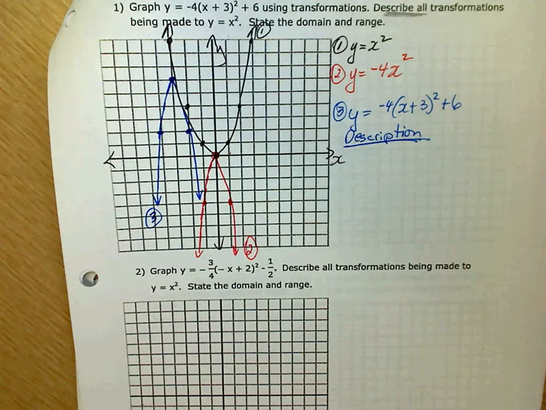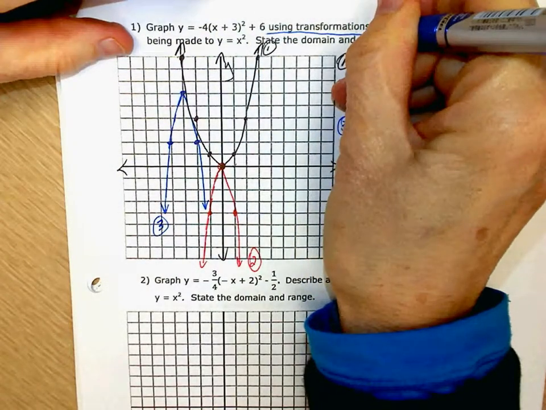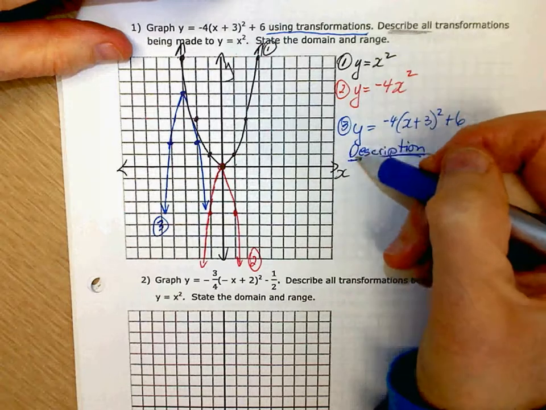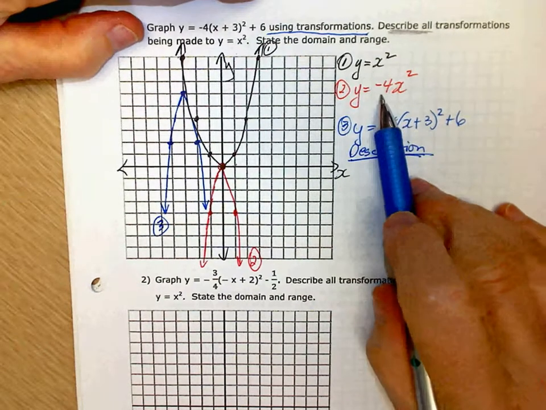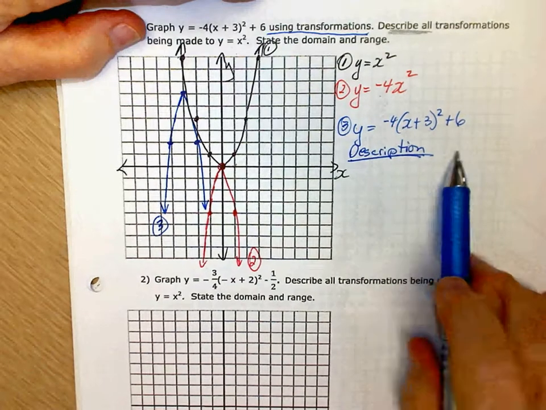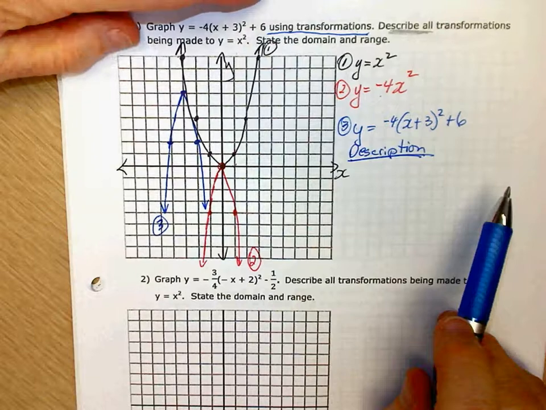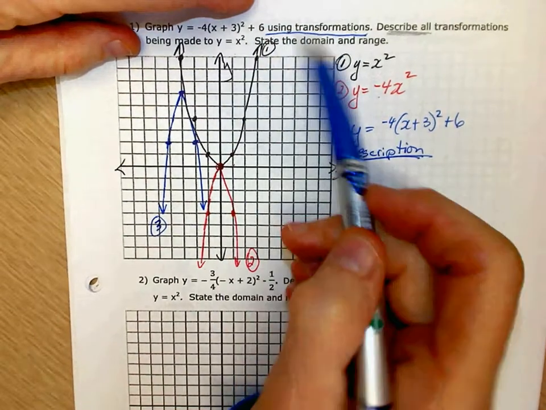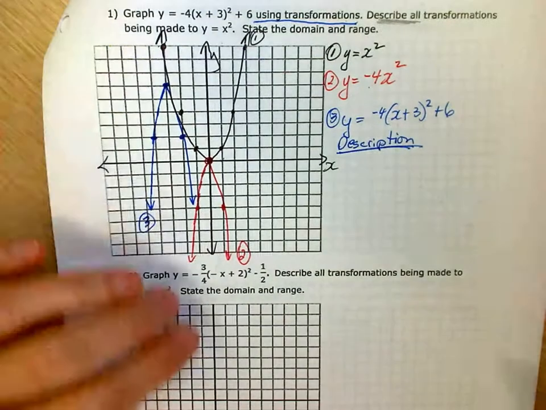When the question says using transformations, you have to show it as a series of steps. So you start with the parent, and then you do the stretch, and then you do the translations. However, if it doesn't say anything, you can do it that way. Okay, description number 1.